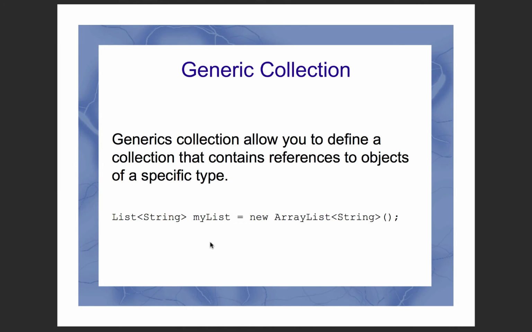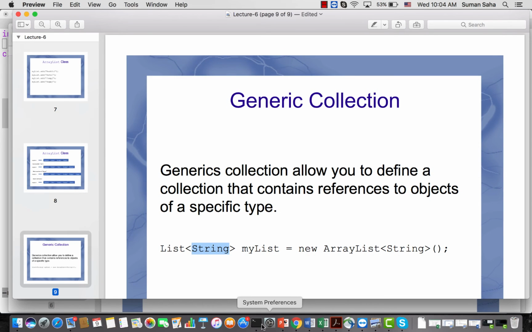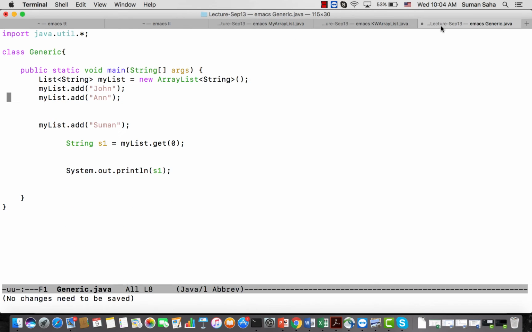Here we also specified string, because we can keep only strings, and this kind of collection is called generic. And what is non-generic? If you don't specify anything over here, then it is non-generic. Let's see some generic and non-generic examples. Say for example, this is a generic class. You have a list or collection of string.